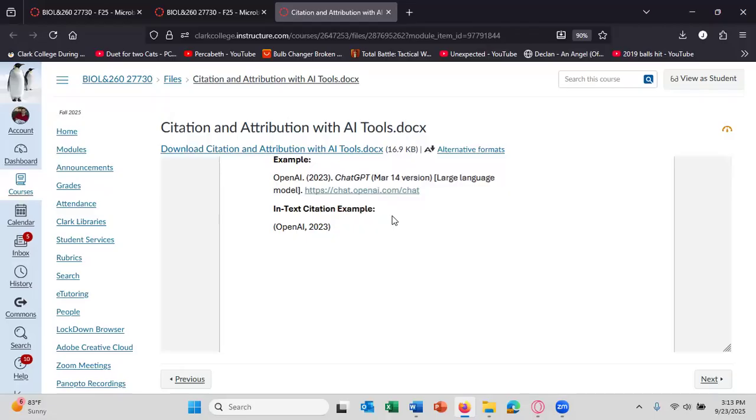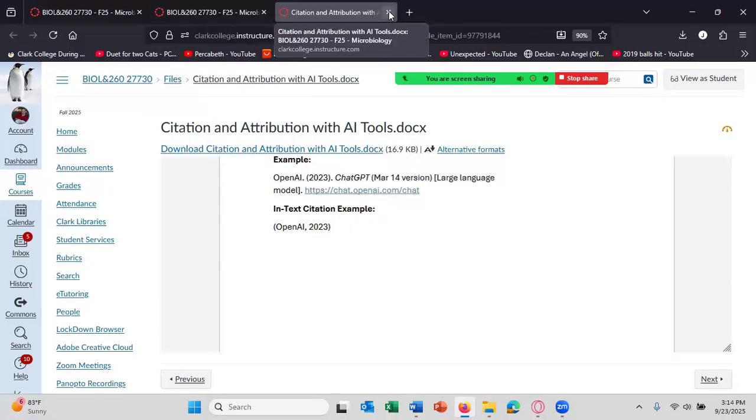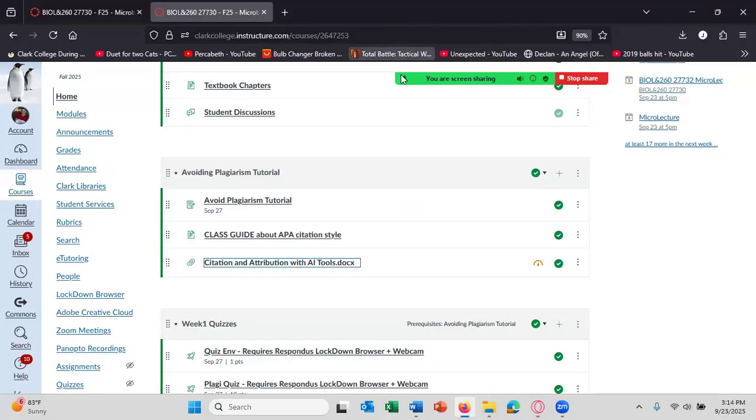And I even use AI occasionally when I'm looking up information that I don't know off the top of my head, or I don't know where to look for it, and I just use AI to give me the information quickly. So I'm allowing you to use AI, but if you use it, you should state where you got that information from. Otherwise, you are plagiarizing the AI. And obviously, you're taking the plagiarism tutorial and the plagiarism quiz, so that should teach you how to avoid plagiarizing.